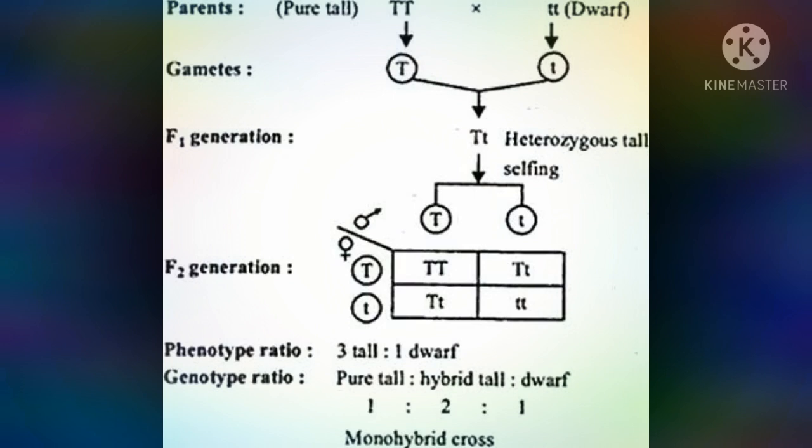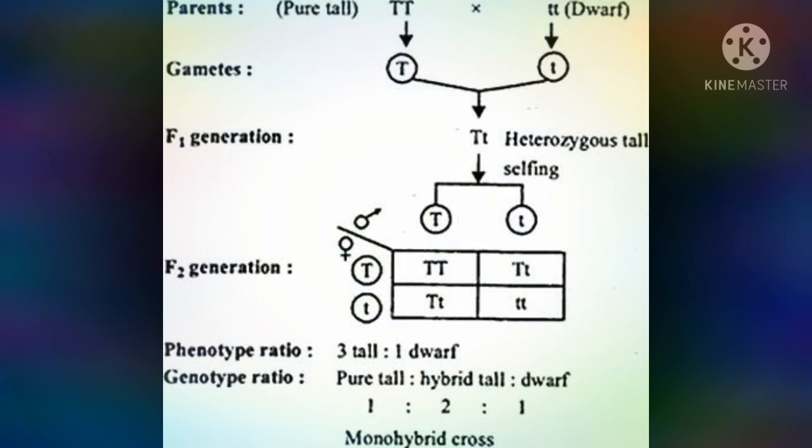This chance fusion will produce 2 into 2, that is 4 combinations, which fall into 3 categories, that is, 3 different genotypes. 1 out of every 4 is capital TT pure tall, 2 are hybrid capital T small t tall, and only 1 is small tt, that is dwarf, as shown in the graphic representation.